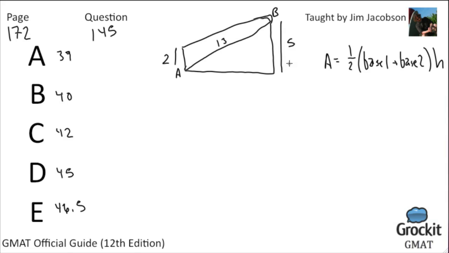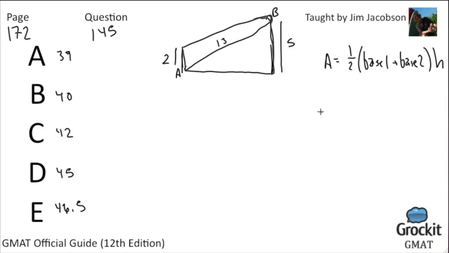And we know what the values of both of the bases are. That's the 5 and the 2 here. The bases are the lines that are parallel. The other lines of a trapezoid are not necessarily parallel, because if they were parallel, we would call it a parallelogram rather than a trapezoid. So 1/2 base 1 plus base 2 all times the height.